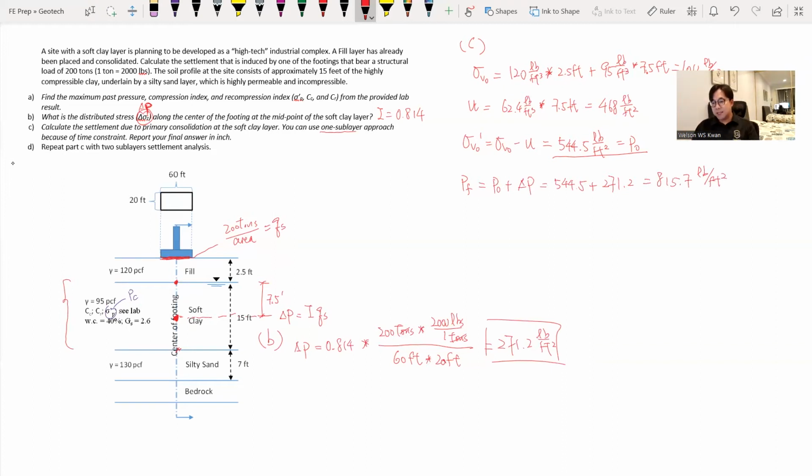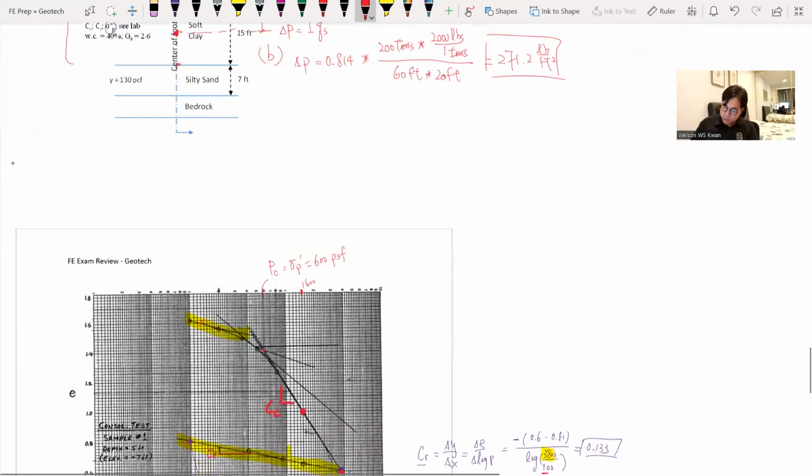And in settlement analysis, we always compare the initial stress and final stress with one key stress number, right? And this stress number comes from the soil's memory. Remember, the soil always remembers the maximum past pressure, which is this point.